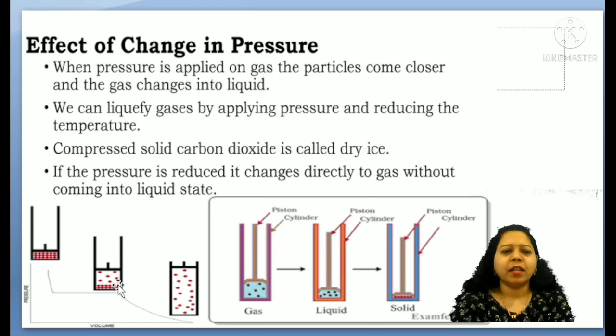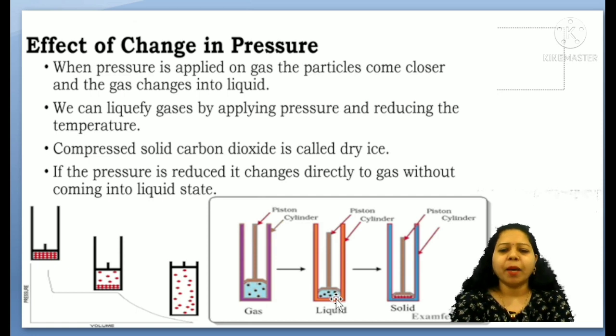Now next we'll see, we can liquefy gases by applying pressure and reducing the temperature. See in this diagram, when we are taking gas in a cylinder and with the help of piston we apply external pressure. Because of external pressure, what happens? Those molecules come closer and it turns into liquid.